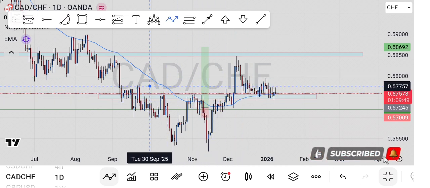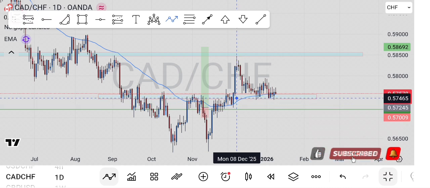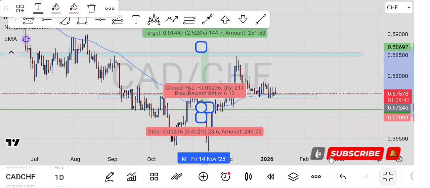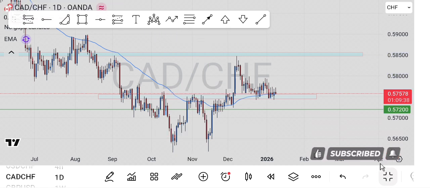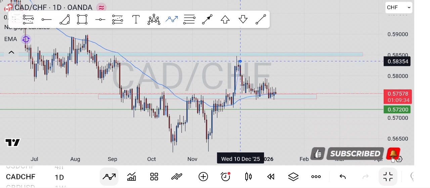We have been dancing on this zone here, so we have a break on this zone. Here, so this is the retracement.